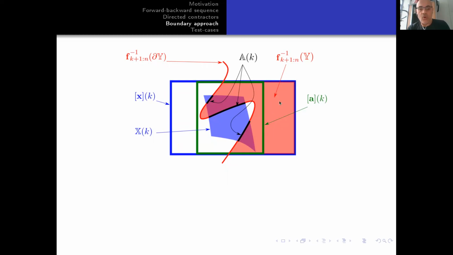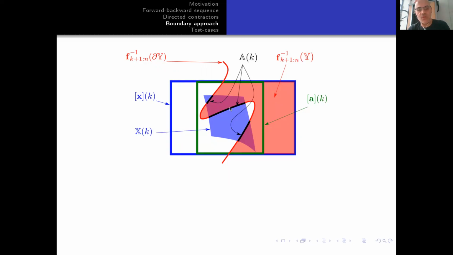Here in red are all points that are consistent with the future, so with Y in the future. Here in blue, we have the points that are consistent with the initial condition, with the past. And what we want to enclose at each time K is the intersection between the red and the blue.